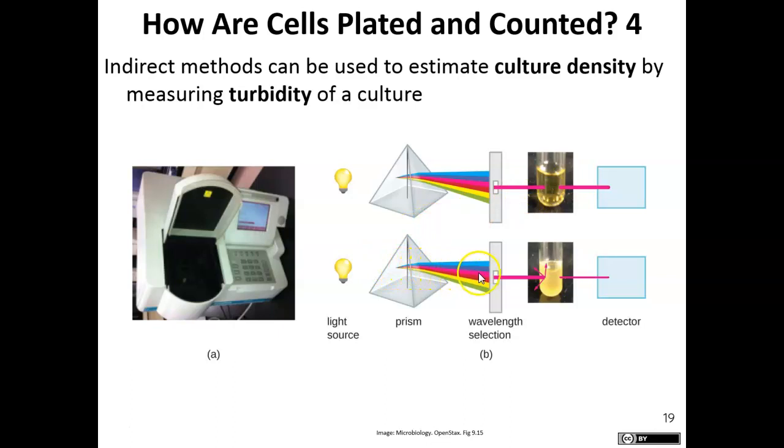But in this case, we have all this light coming in and it gets reflected right away. Nothing makes it through to the detector, or very minimal makes it through to the detector. And what that tells you is that this is a very turbid solution. The more turbid, the more estimate of cells that we have, a higher estimate of cells, okay?